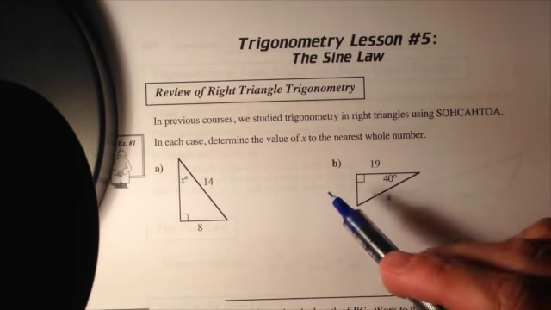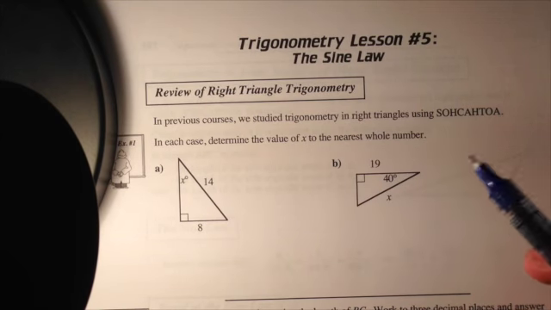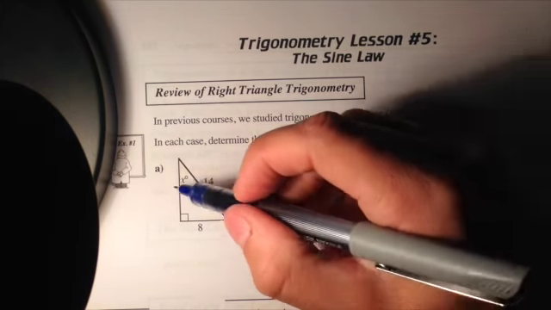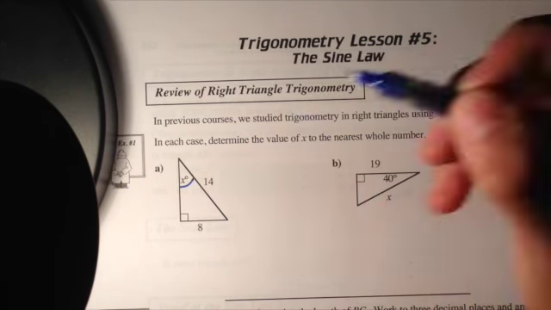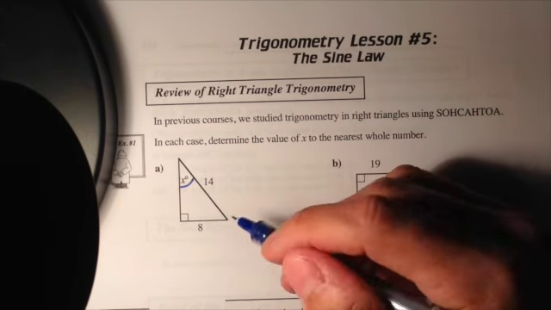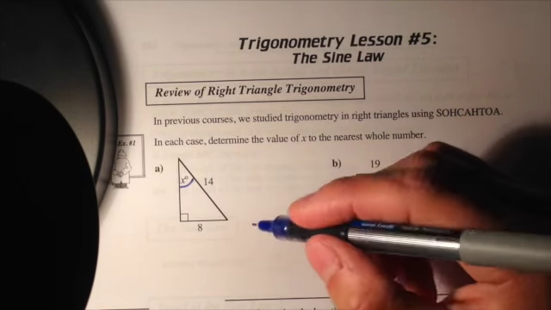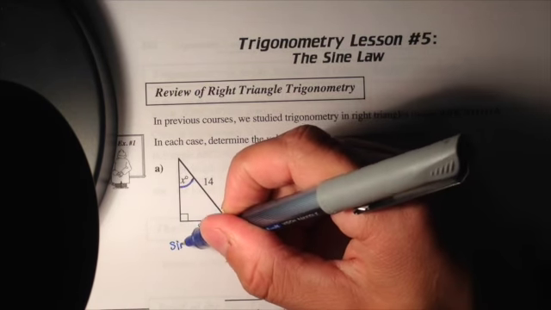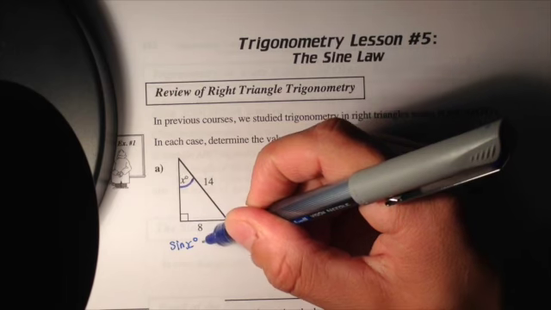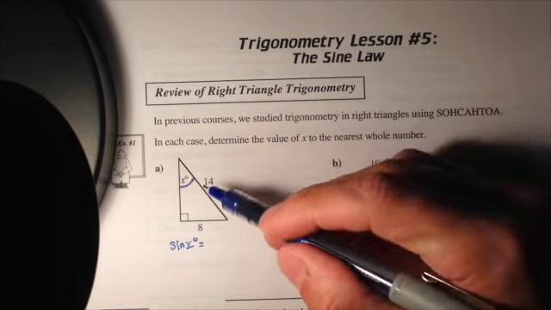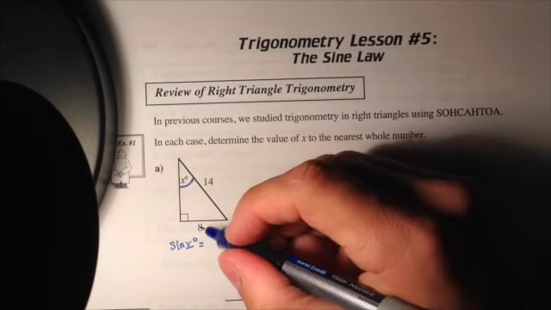In each case, we want to determine the value of x to the nearest whole number. If we're looking for the value of x, we're looking for this angle theta. I'm given the opposite side of my angle and the hypotenuse, so I'm going to be using sine x to find my missing value.